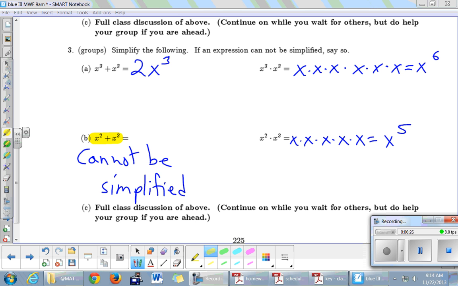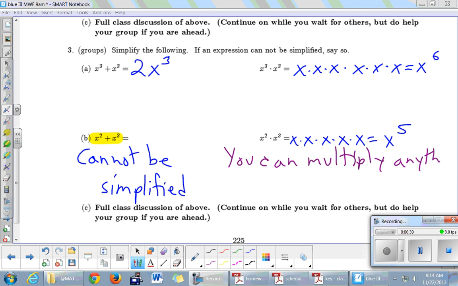X squared times x cubed, no problem. So I'm going to write this. You can multiply anything. Makes no difference if the powers are the same or different. You can multiply anything. But addition and subtraction is really picky.